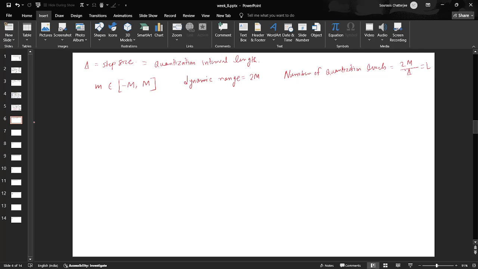Your denominator here becomes small, and if your range is fixed, that means your number of quantization levels is going to increase. Basically you would need more quantization levels, and you can correlate this with the idea that the more quantization levels your quantizer has, the more expensive it is, be it computationally or in terms of hardware implementation.